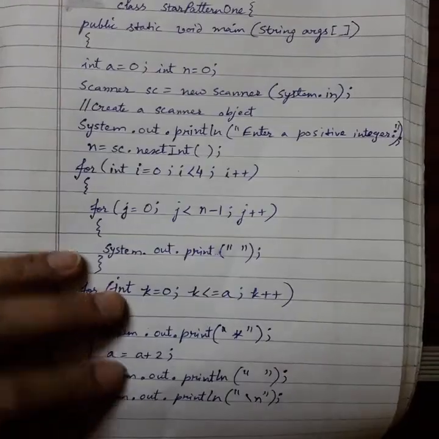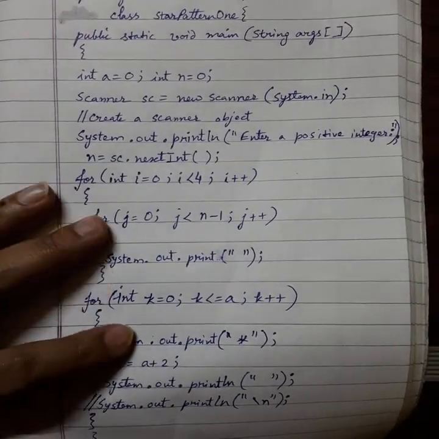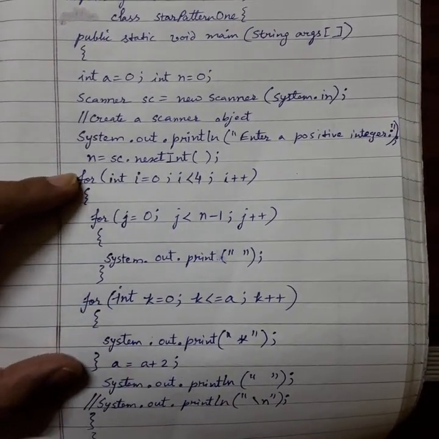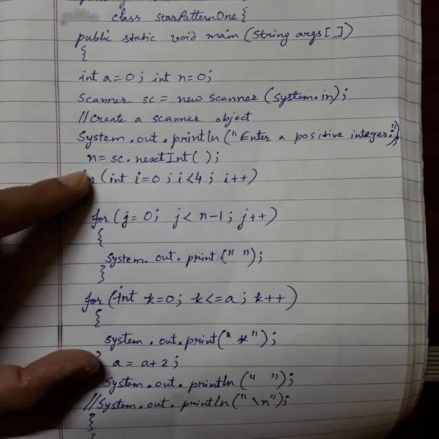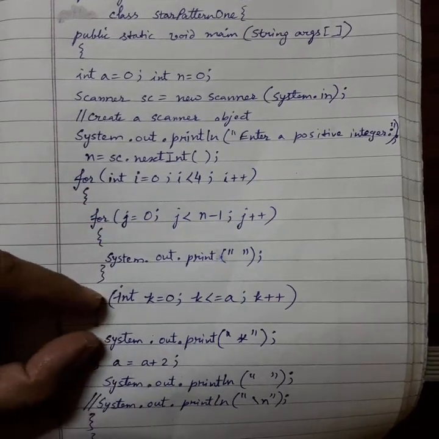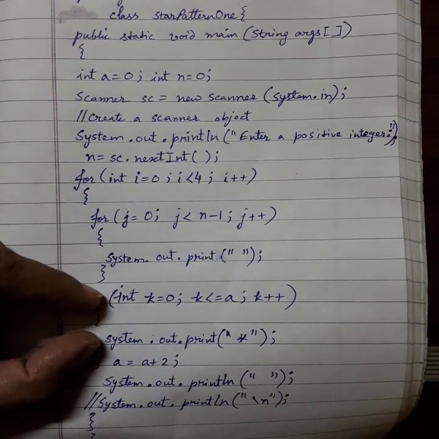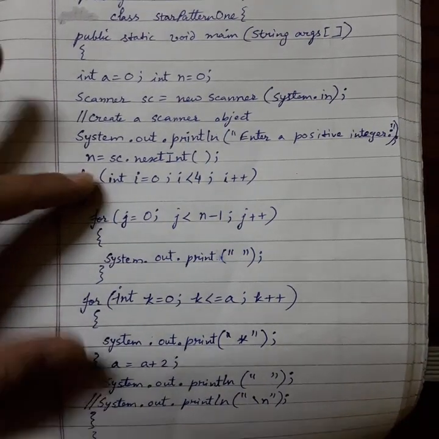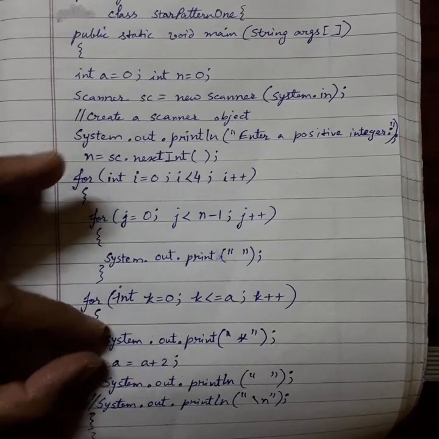Then we start working with the loop here. As you can see, there is a main for loop inside which there are two nested for loops.